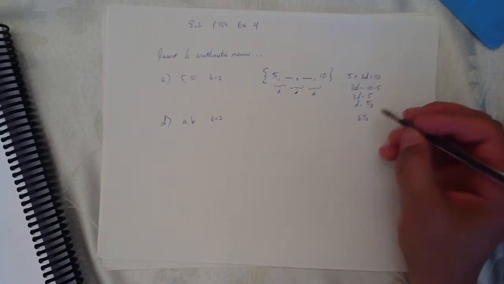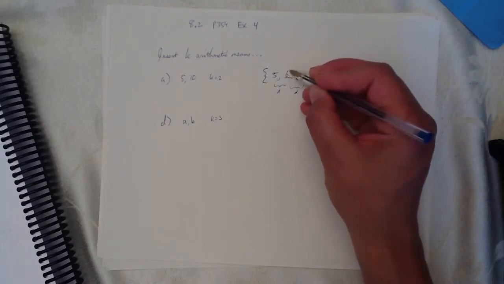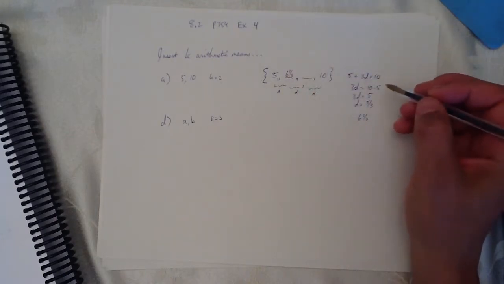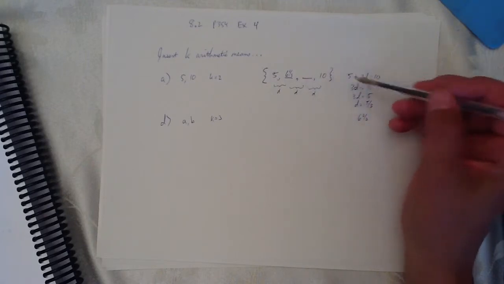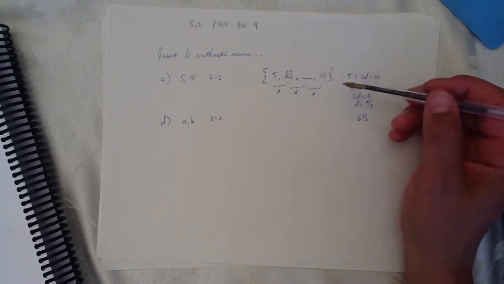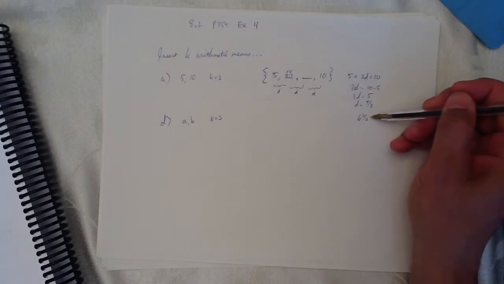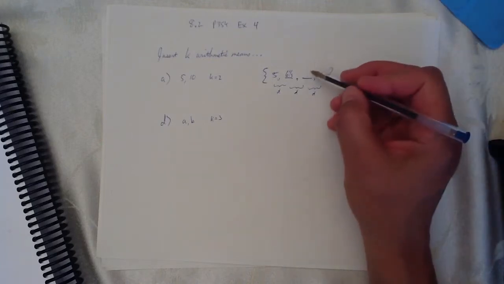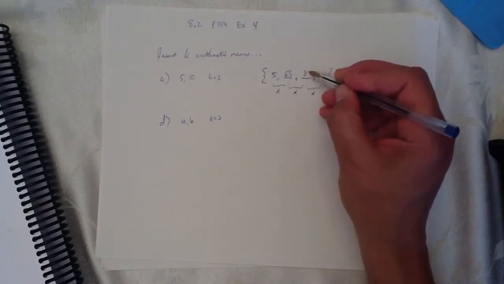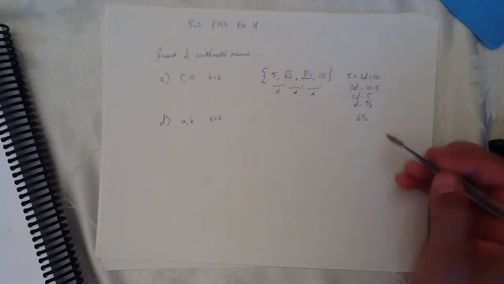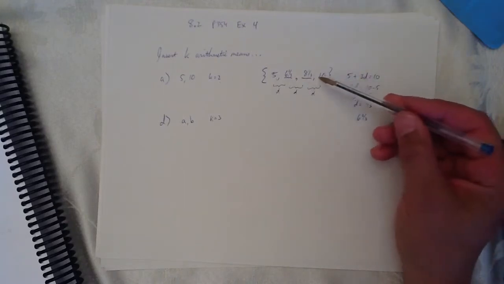And if we add 5 over 3 to that, 6 2/3 would also be 20 over 3. And if we add another 5 over 3 to this, we get 8 1/3, which is also 25 over 3.